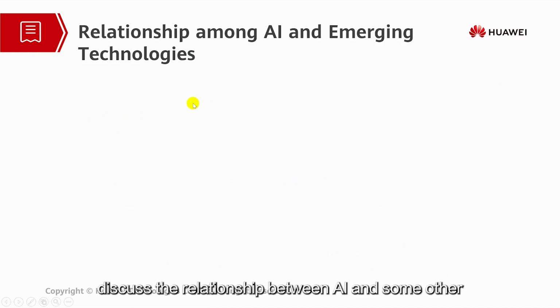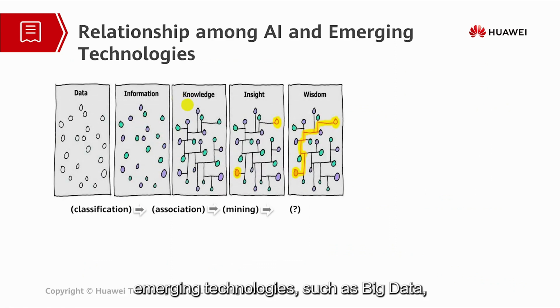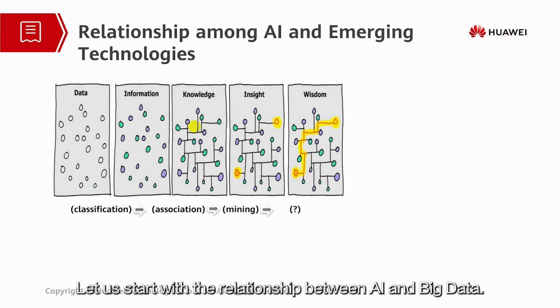Let us now discuss the relationship between AI and some other emerging technologies, such as big data, cloud computing, IoT, and 5G. Let us start with the relationship between AI and big data.